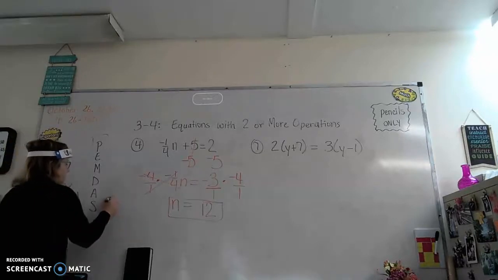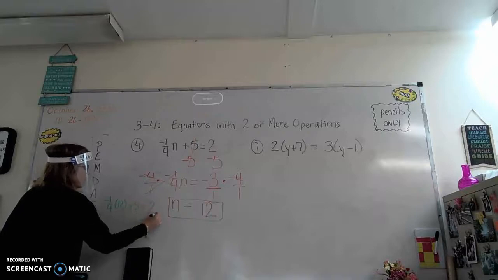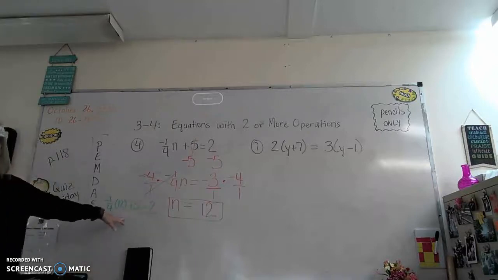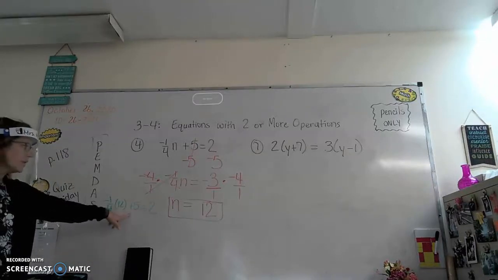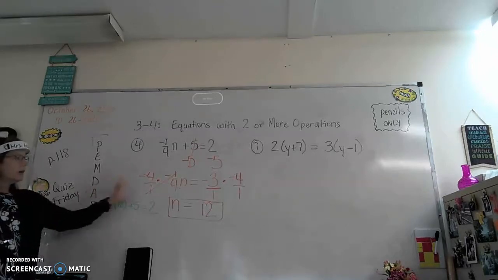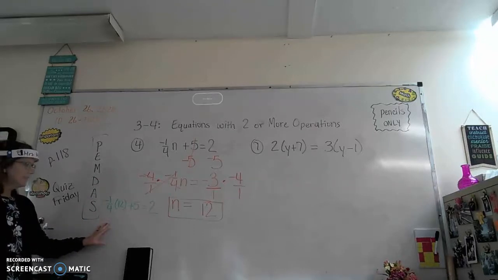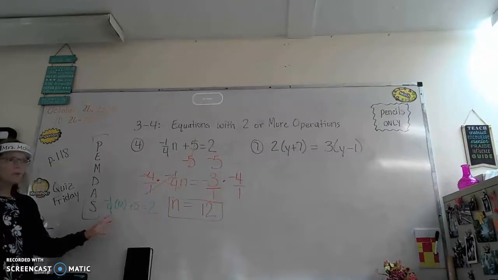So I'm going to say negative 1/4 times 12 plus 5 equals 2. So you start with the negative 1/4 times 12.